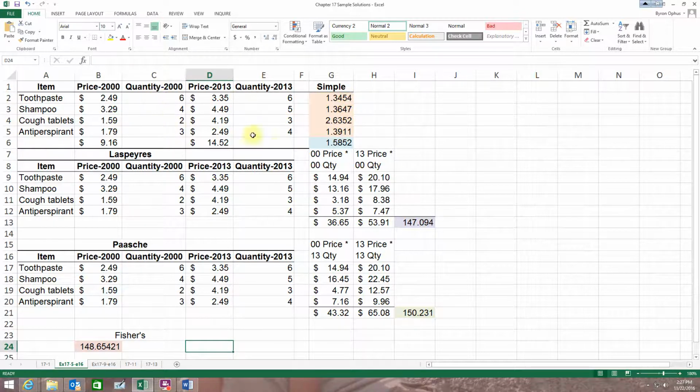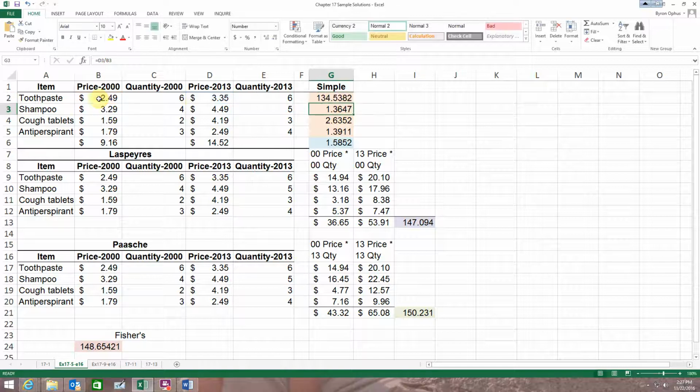We really don't consider quantity, okay? So we're just talking about the simple price and what's changed, and remember how we did that with the other one. And I don't have the hundreds in here, but certainly we could put the hundreds in here, I guess. Our simple one then is simply our new price, basically our 2013 price divided by our original price, and we do that times the 100.